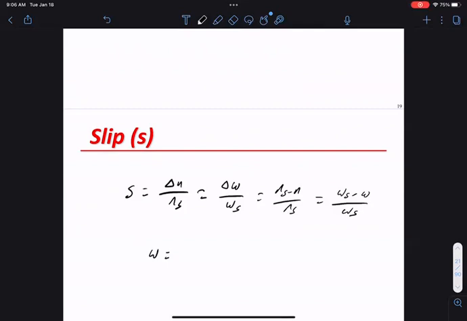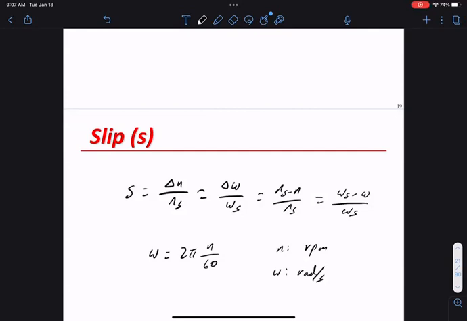Just recall that in radians per second, omega is n over 60, where n is RPM for most of us, and omega is in radians per second. So this is the standard notation for slip. Again, this is review. I'm assuming we have all seen slip before, so this is just a review of where slip comes from and its definition.